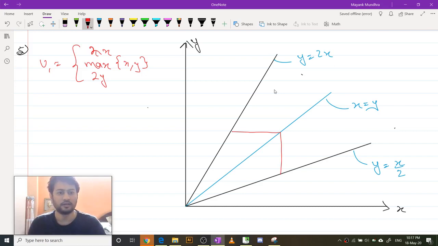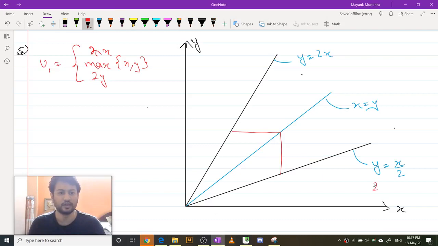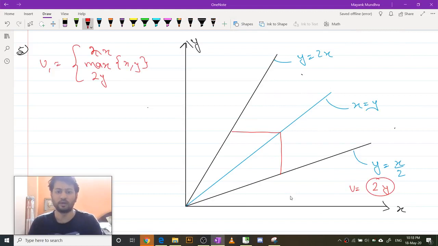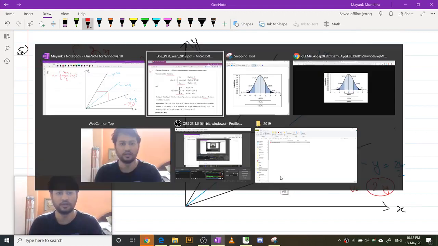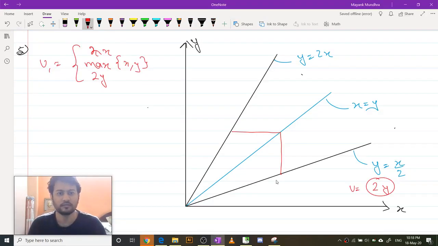After that, in this region for both the agents, the utility function is 2x. Sorry, in this region it is 2y. So it means that if the y value is the same, the IC is going to be the same. So this is what the IC will look like. And here the utility is equal to 2x, so this is what the IC will look like.